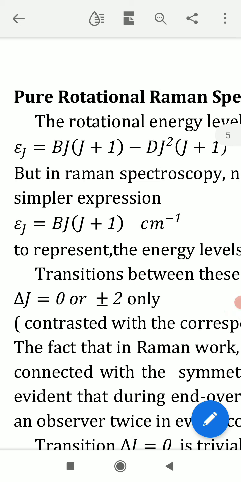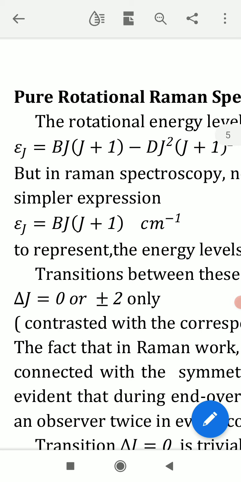This expression for rotational energy can be obtained from the relation that kinetic energy is half mv squared and rotational energy is half I omega squared. In the formula of kinetic energy, we replace m, mass, by I, moment of inertia, and v, linear velocity, is replaced by angular velocity omega.